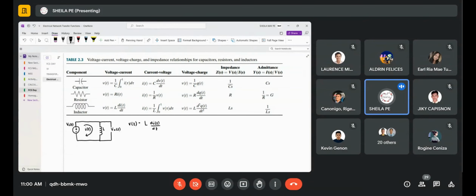Now, taking the Laplace transform of this one, class, it's just here in the impedance.